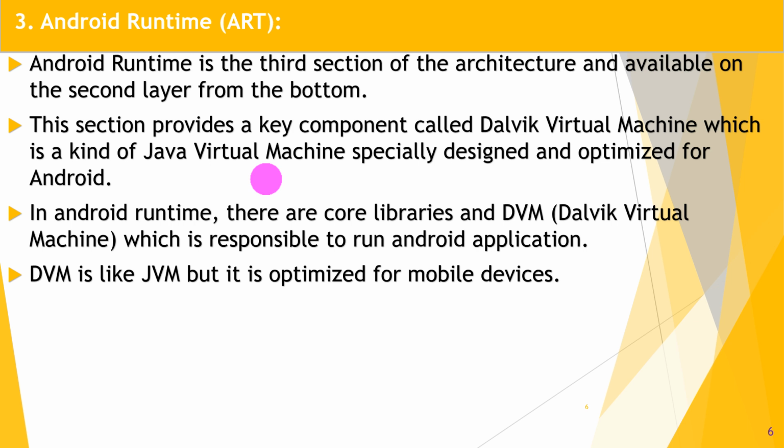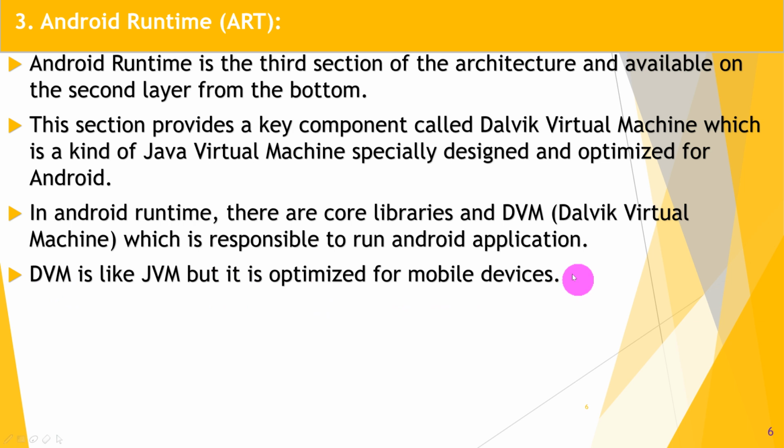Okay. So Java, we know, is a platform independent language. That means we can run our code on any platform. Okay. So we know all these concepts in the Java language. So what is DVM? The Dalvik virtual machine is like JVM, but it is optimized for mobile devices.